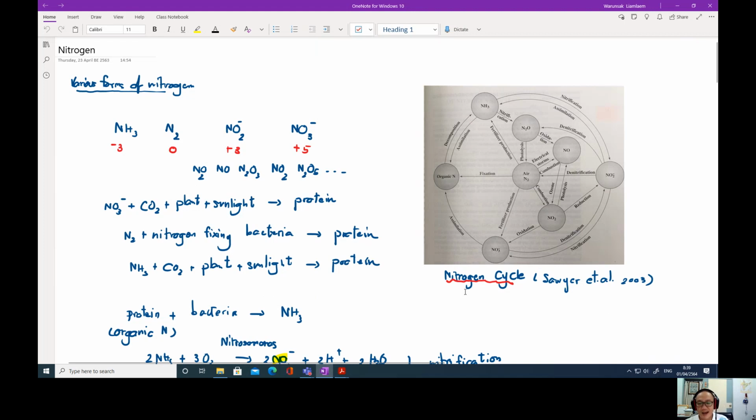So in this cycle, you will find that in nature there are various forms of nitrogen. For example, ammonia, organic nitrogen. Sometimes it exists in terms of nitrogen oxide, sometimes in the form of nitrite, and sometimes in the form of nitrate.